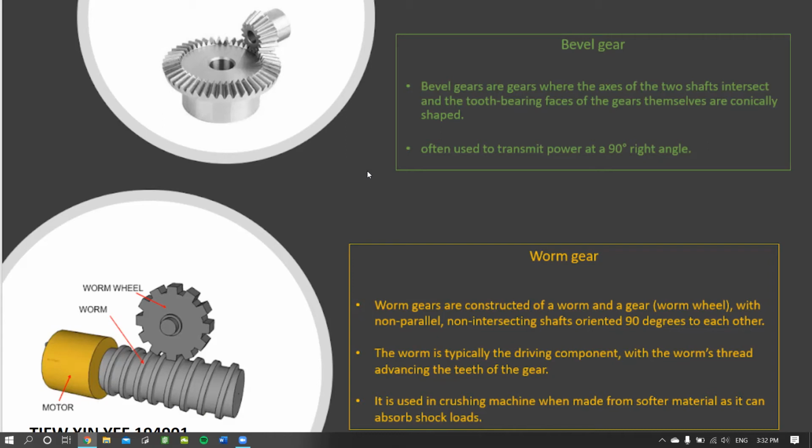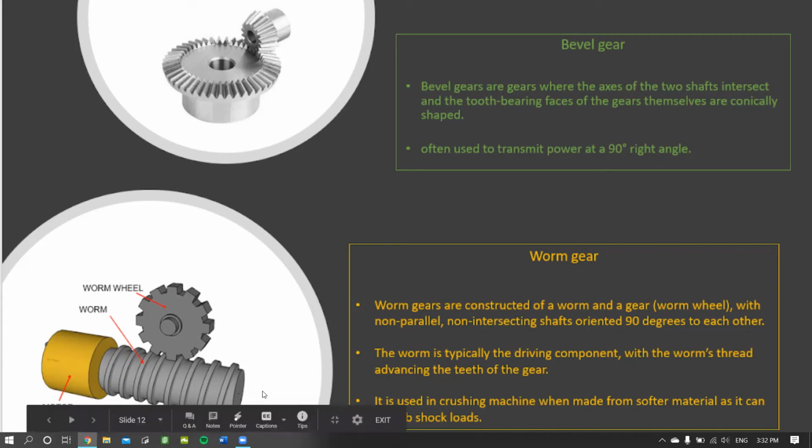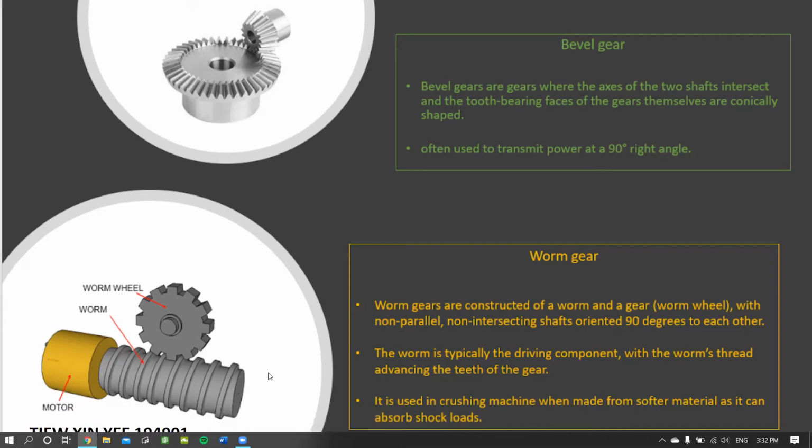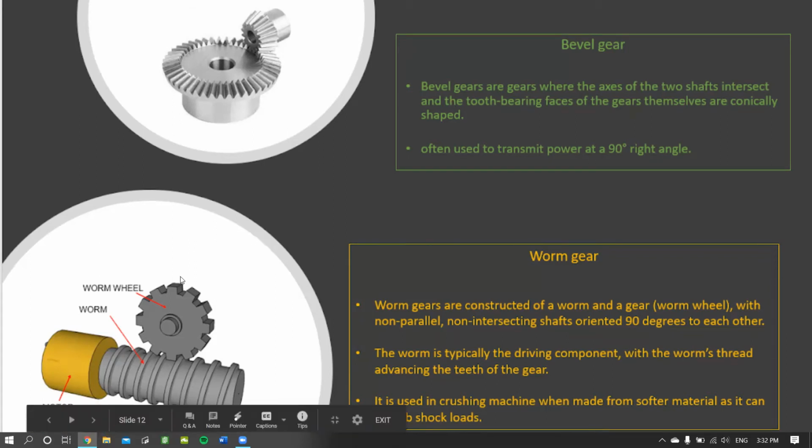It is used in crushing machines when made from softer material as it can absorb shock loads. So the construction of the worm gear can be seen from the pictures here. This is the worm wheel, and this is the worm.